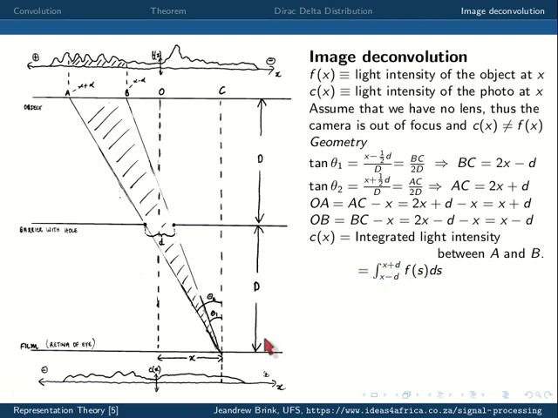Okay, so clearly what is being recorded here on our eye retina or the film or whatever is not the original image. We can write this expression, and the reason I'm going to write it is because it actually gets closer to the general expression. We can write this expression as the convolution of f of s with g.